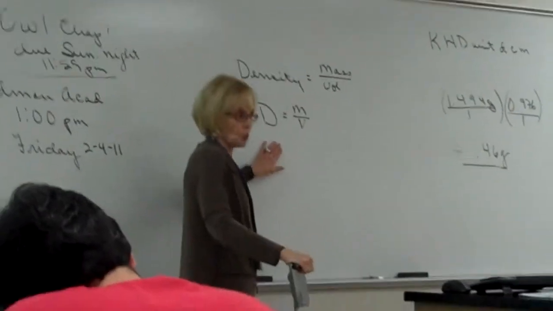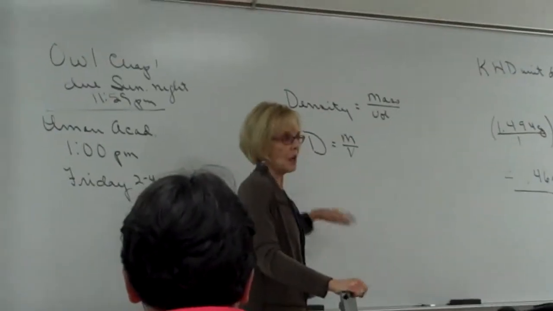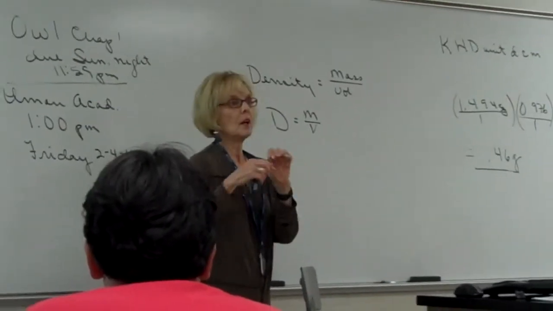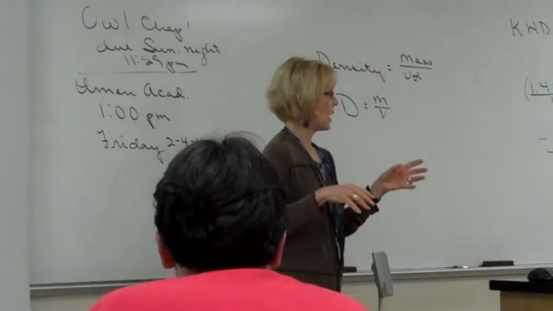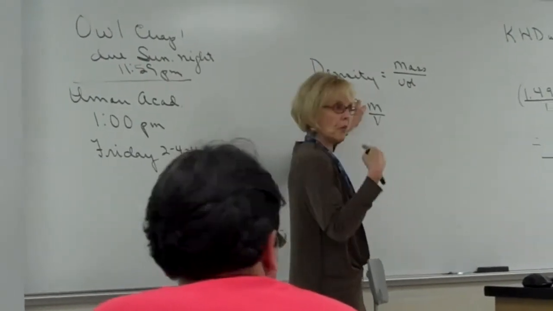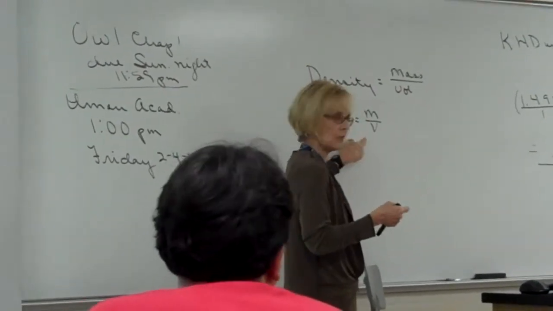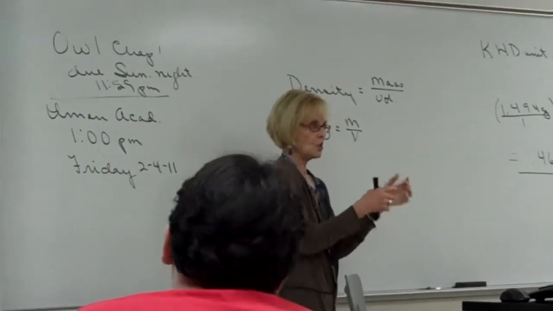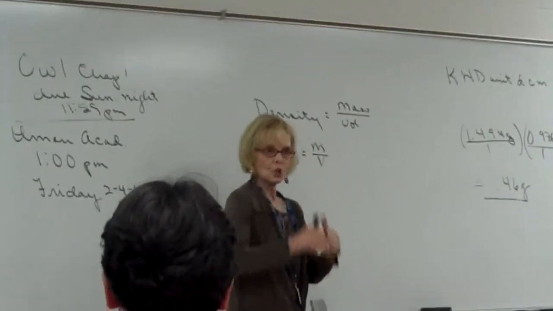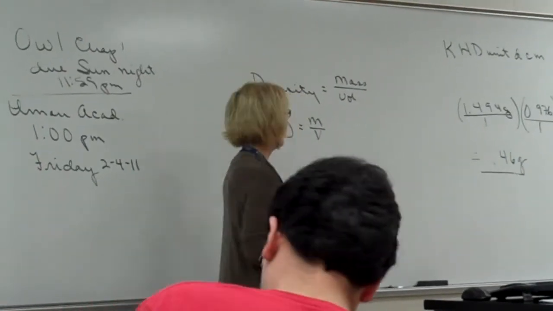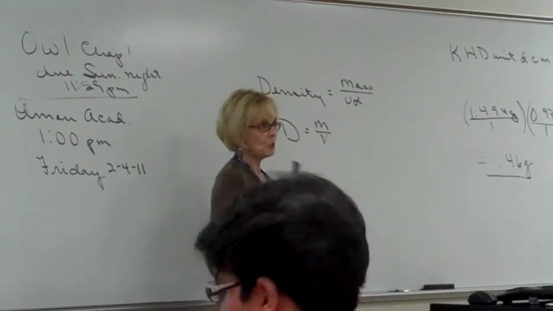Okay, in your laboratory, you were finding the density of several different things. You had water. I hope you used distilled water because our tap water would probably give a slightly different answer. And you found the mass of the water, and you found the volume of the water, and all you had to put it in is in this equation, and you solved, you thought about sig figs, and you thought about units.